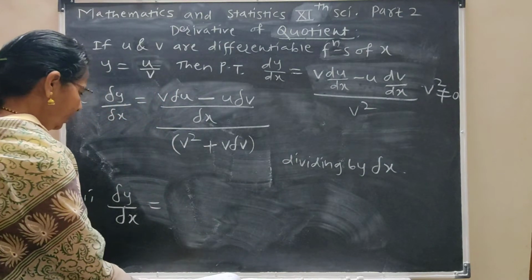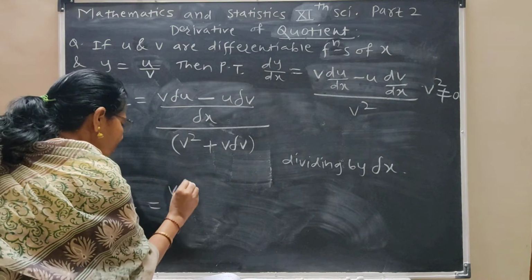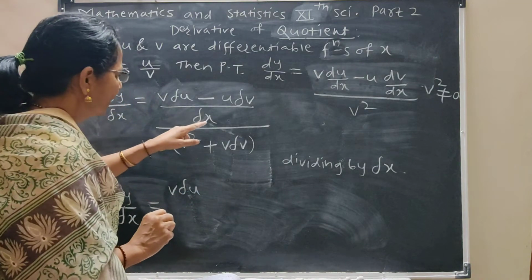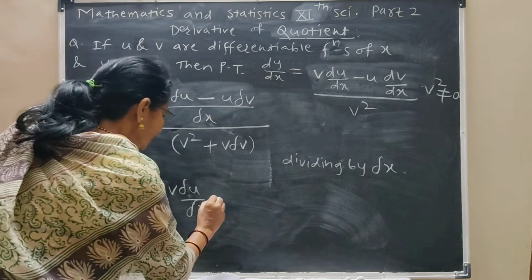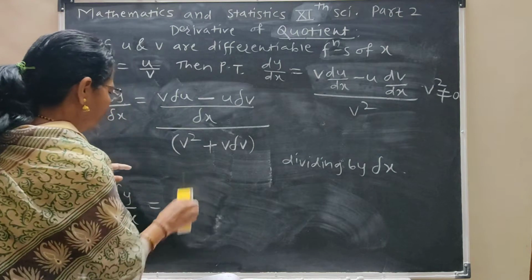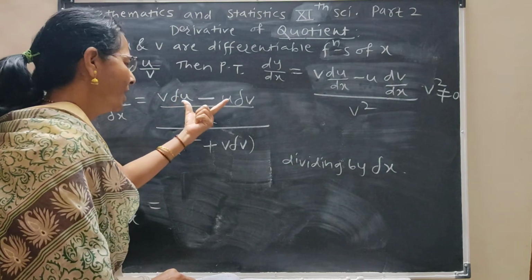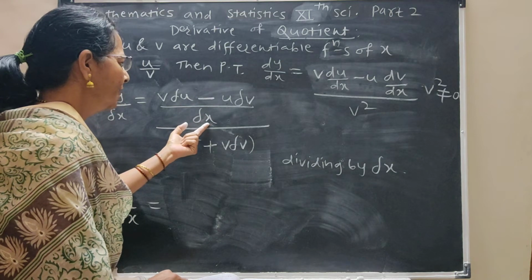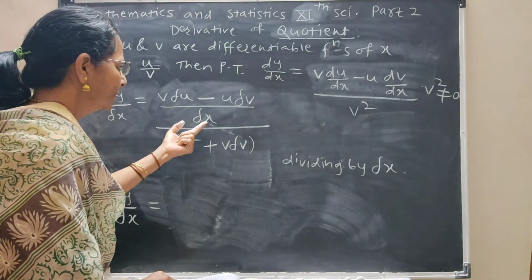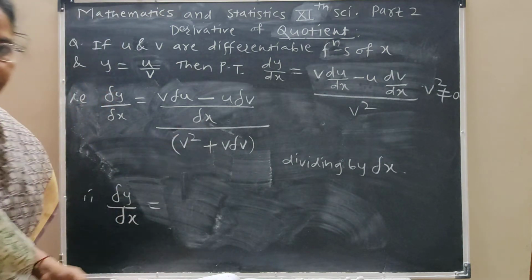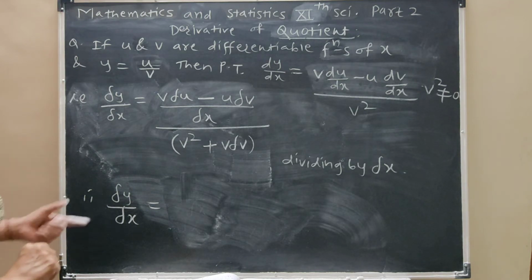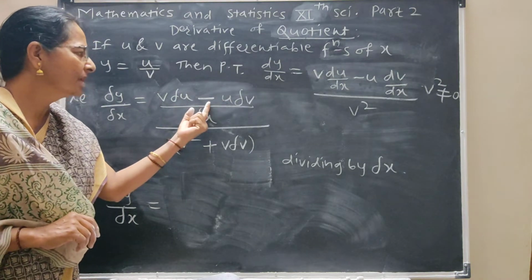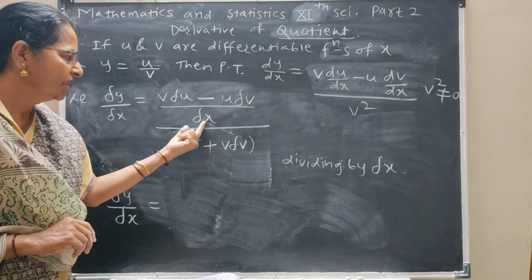Next step is equal to v delta u divided by delta x, minus. Here there are two terms, there is a difference, and this is the denominator.